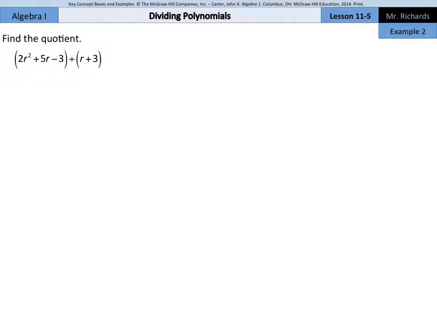Next, in example 2, we're asked to find the quotient here of 2r squared plus 5r minus 3 divided by r plus 3. So again, we'll write this as a rational expression, so 2r squared plus 5r minus 3 all divided by r plus 3.